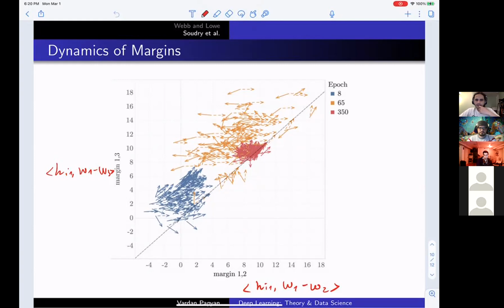So is it the first paper that is talking about the neural collapse phenomenon in deep networks? Yes.